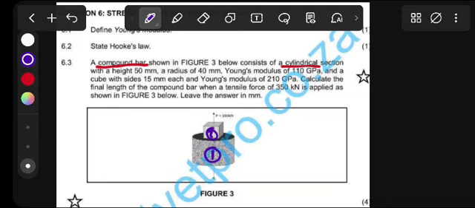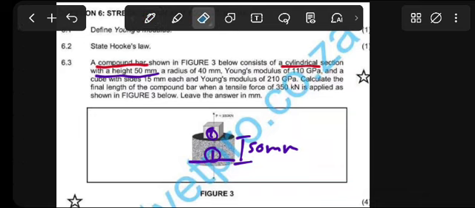It's a square cross section with a height of 50 millimeter, then the radius is 40. We're talking about the radius, not the diameter.